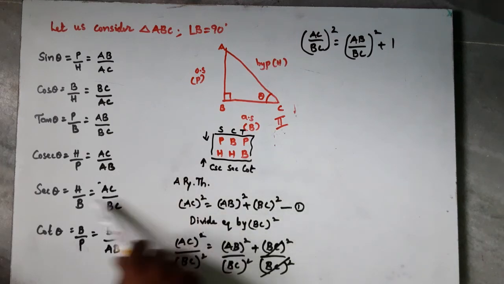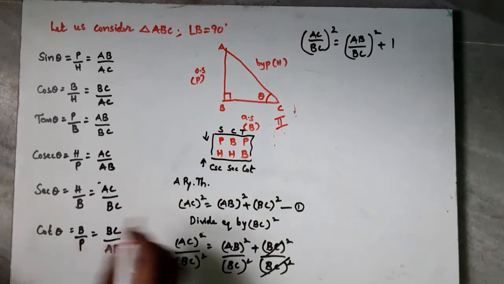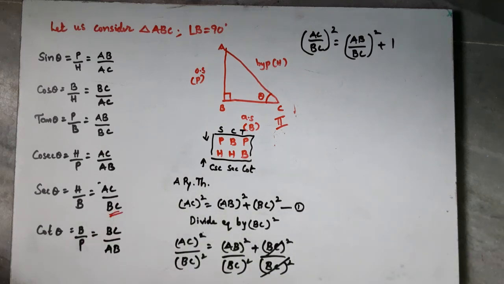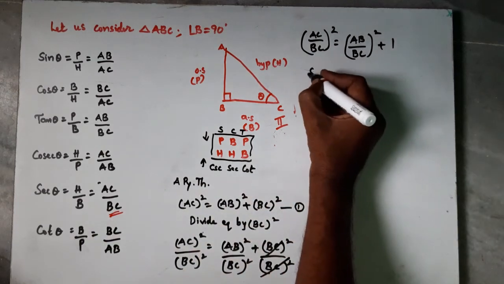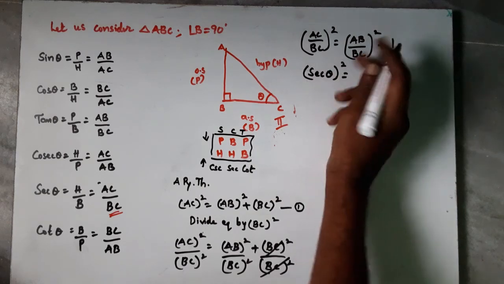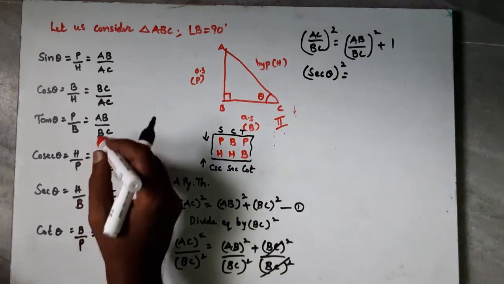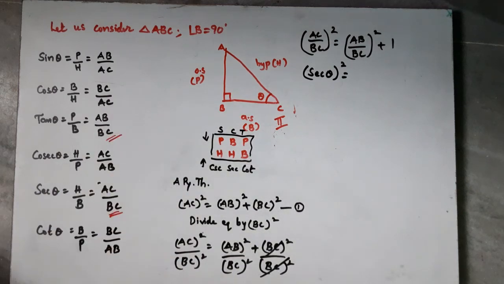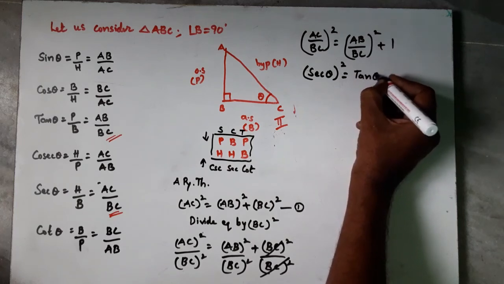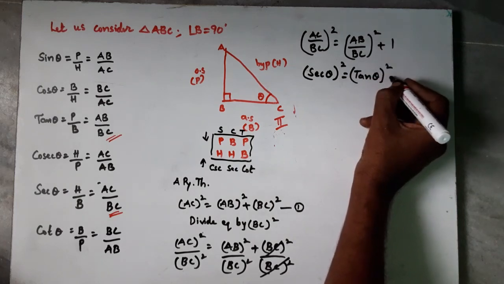AC by BC means sec theta. So sec theta whole square, and AB by BC is tan theta, tan theta whole square plus 1.